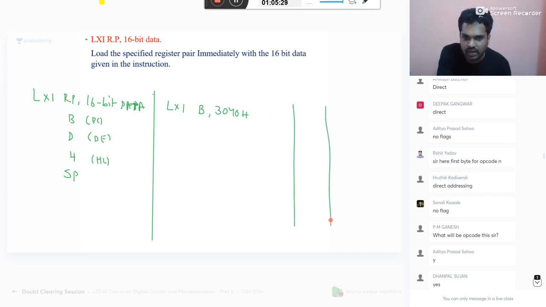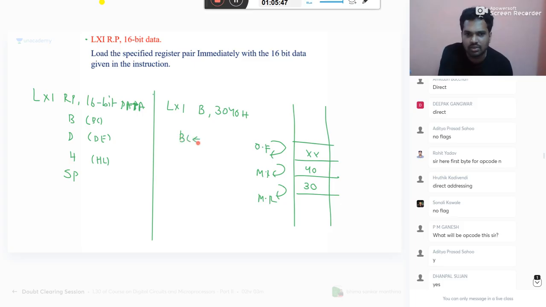Whether you use it for an address or not is a different issue for the computer. First the opcode you should store, then 40, then 30. So it will do opcode fetch, then memory read, memory read. Then your BC will be copied with 3040. It's not memory here. There is no memory concept in this representation.